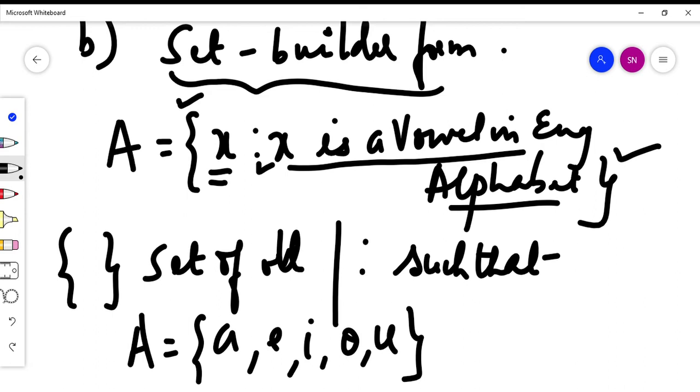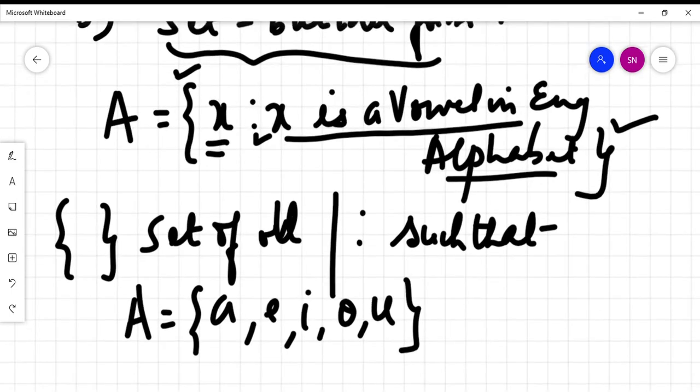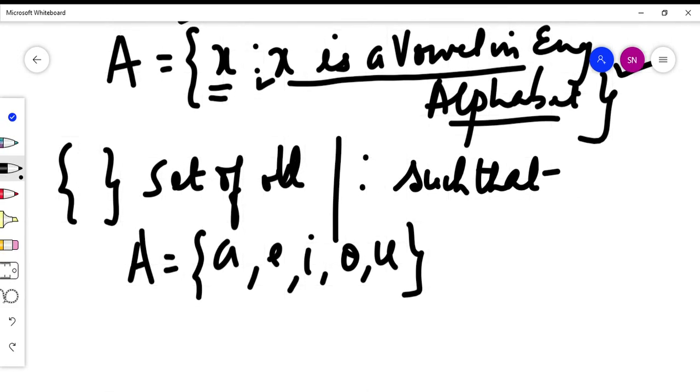As the chapter proceeds, I'll give you a few more examples and you will be well versed with the topic. Hope you're all clear till here. I'll give you one more example of how to write it in set builder form.